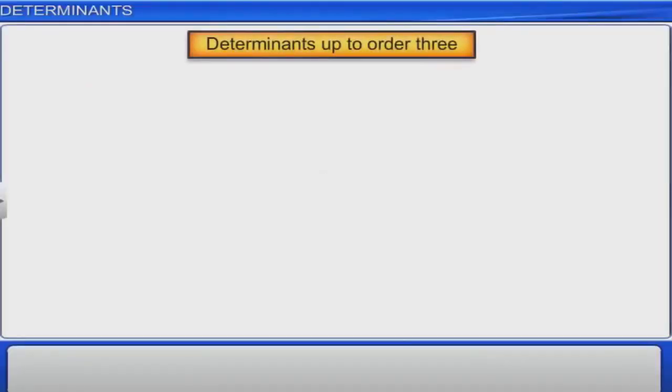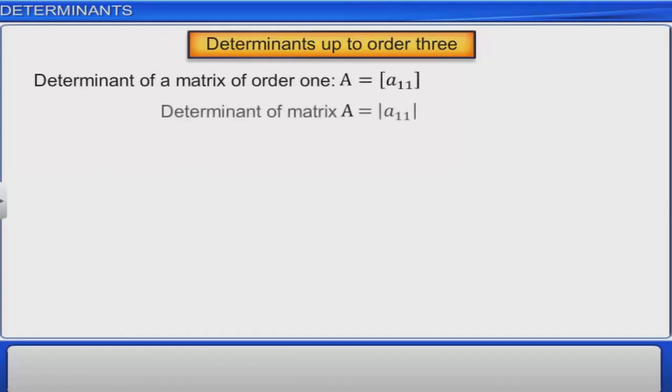Moving forward, let us learn to evaluate the determinant of a matrix with real entries up to order 3, beginning with the determinant of a matrix of order 1. Consider a 1 by 1 matrix A. The determinant of matrix A is A11.